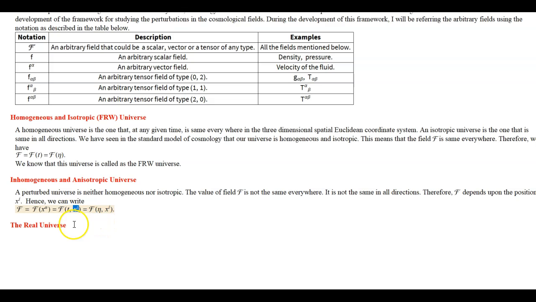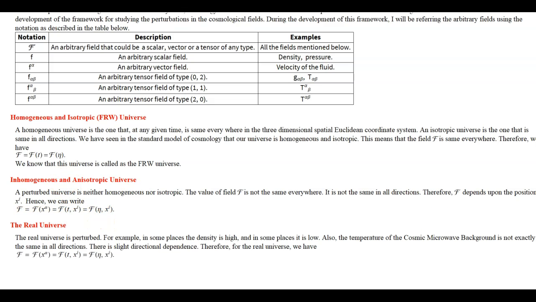And the real universe is the inhomogeneous and anisotropic universe. So this is the real universe, inhomogeneous and anisotropic. And this homogeneous and isotropic universe that we studied in the standard model of cosmology is an ideal picture, an approximated picture of the universe which is real, which is inhomogeneous and anisotropic.